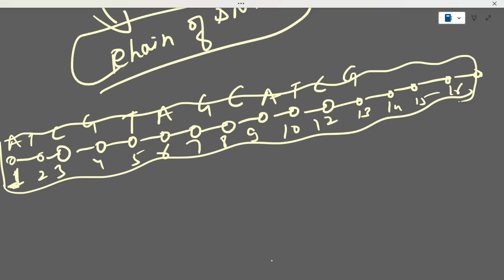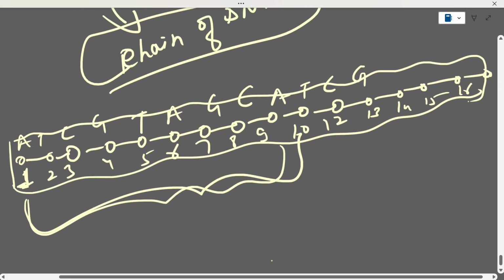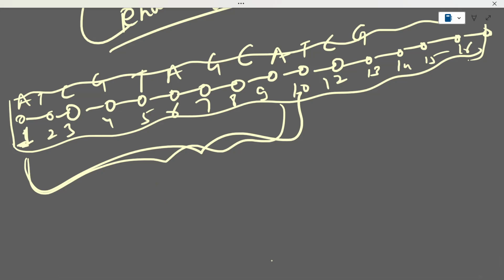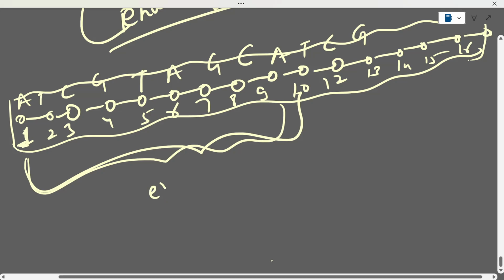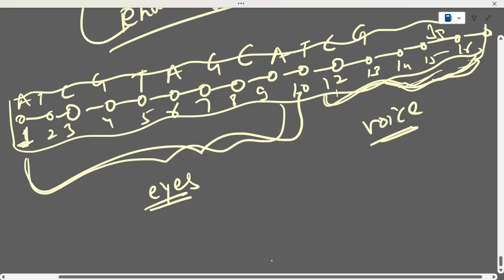Now let's say from 1 to 10, this structure is giving the trait for eyes, and the next 12 to 35, this strand of DNA is for voice.